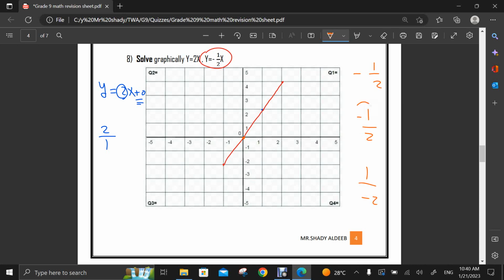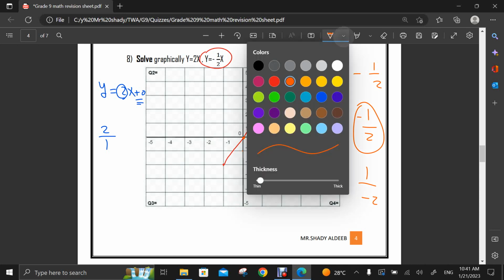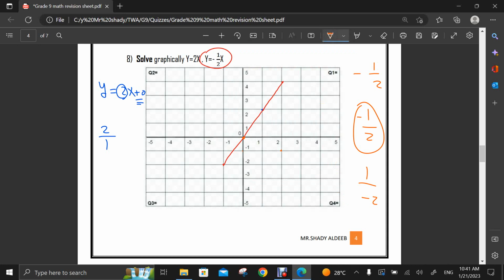So I'm going to use negative 1 over 2, that means I move 1 unit down, then 2 units right. So 1 unit down here, 2 units right, 1, 2 here, because I have negative 1 over positive 2. So this is the other point. 1 down, 2 right.